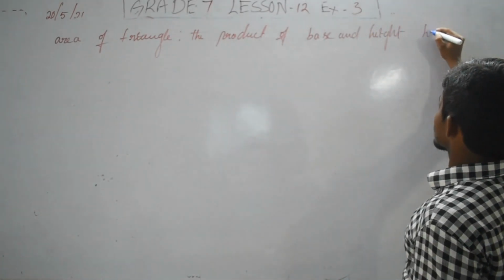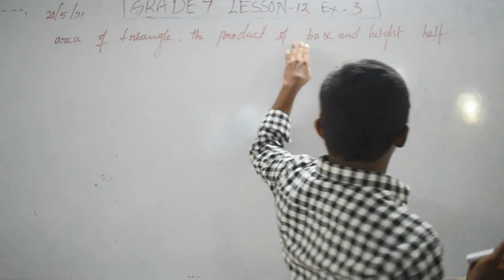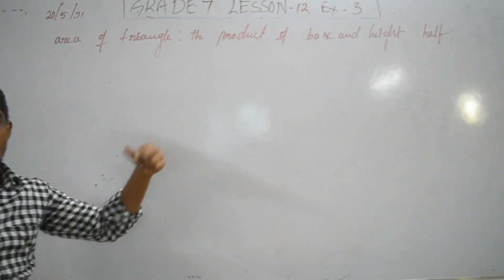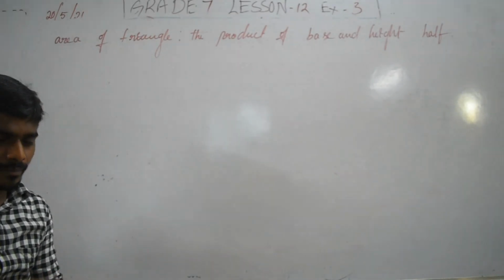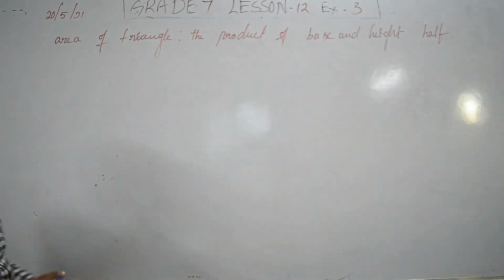Here, we multiply the base and height, two numbers, and take half of that. That is the area of the triangle.